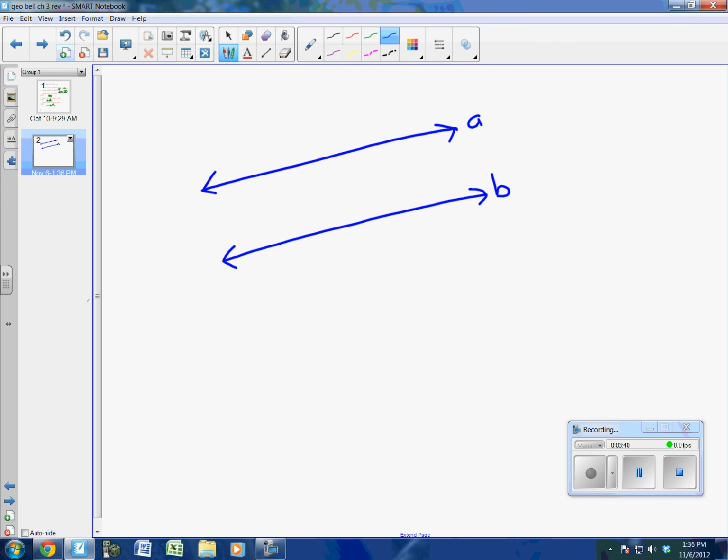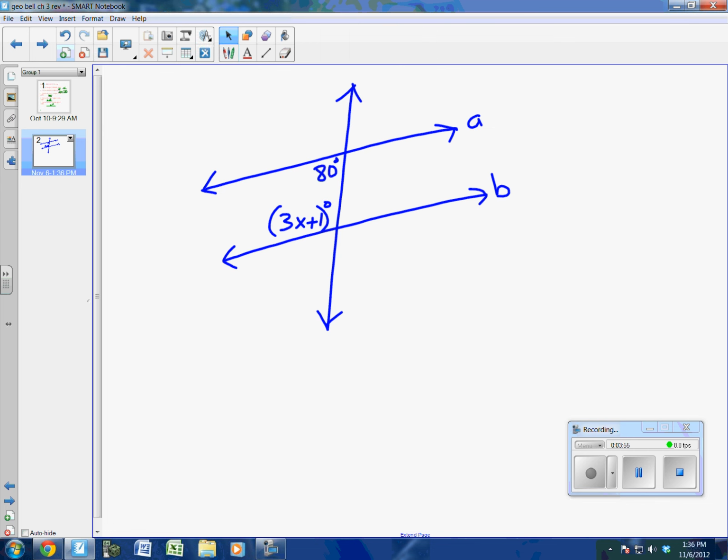And we have a transversal going through them. And we have that this angle is 80 degrees, and this angle is 3x plus 1 degrees, like that. Okay, and I have to find x so that line A and line B are parallel.